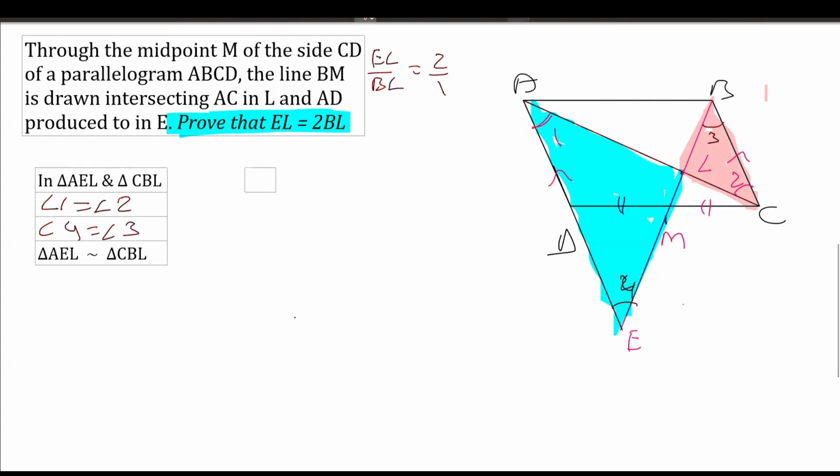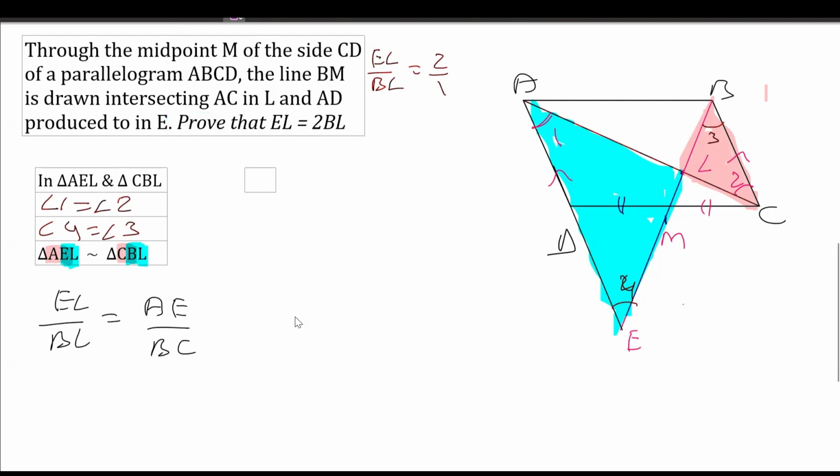Once these two triangles are similar, we can write their sides as proportional. So I'll be writing EL over BL, because this is what we have to obtain, should be equal to AE over BC.